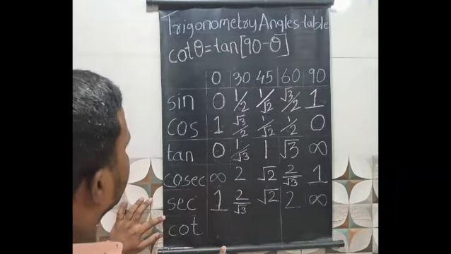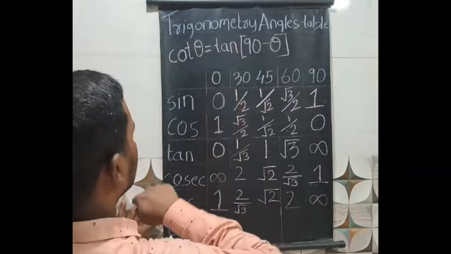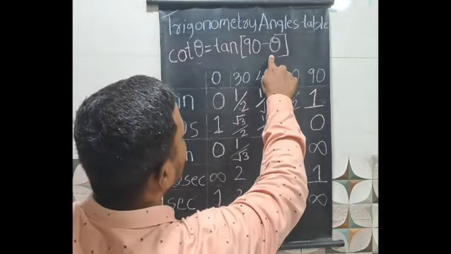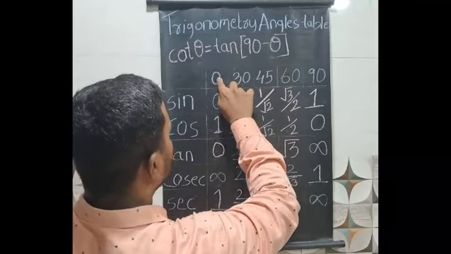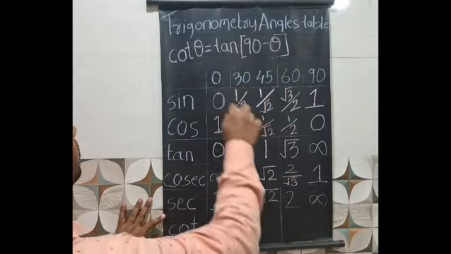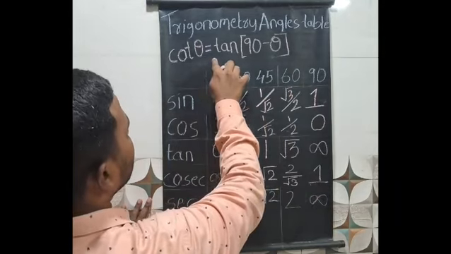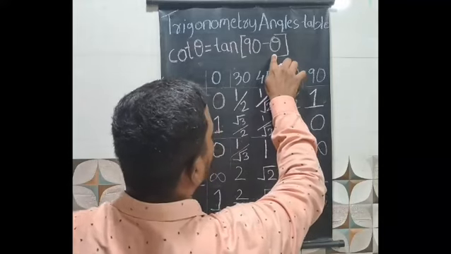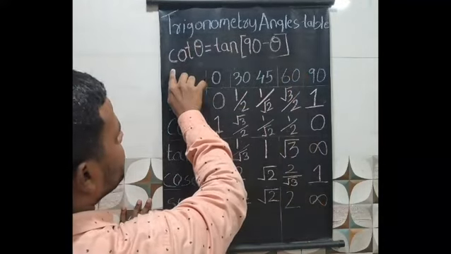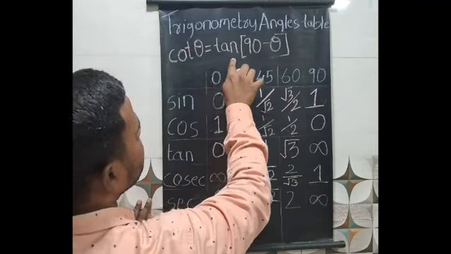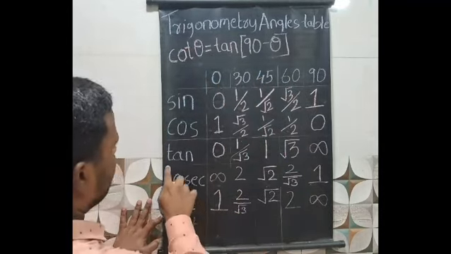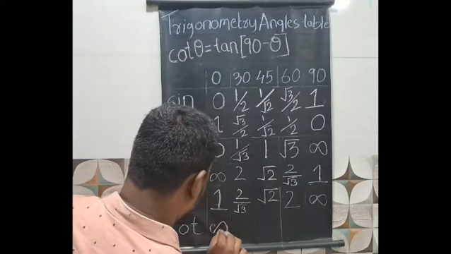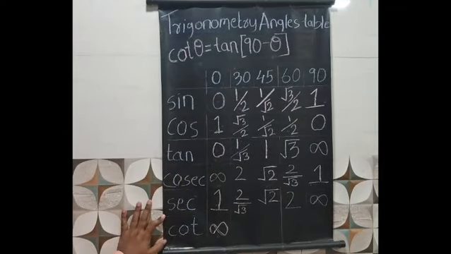For instance, let's take 0. Substituting theta as 0, cot 0 is equal to tan of 90 minus 0. So 90 minus 0 is 90, which means cot 0 is equal to tan 90. The value of tan 90 is infinity, so we write cot 0 as infinity.